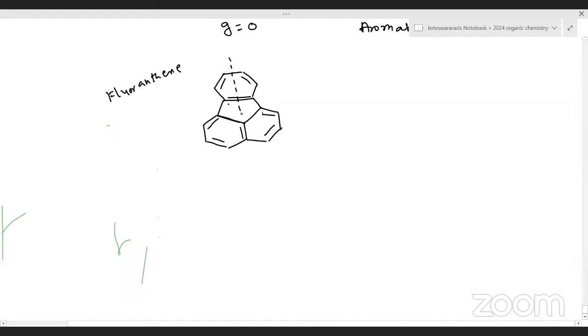Now, this is the axis which is passing through like this. When you insert the axis, the molecule should be bifurcated into two equal halves. Look here, this axis is bifurcating the molecule into two equal halves. After inserting the axis, now assign the spin symbols. First, I am starting with the spin symbol here: alpha, beta, alpha, beta, alpha, beta.